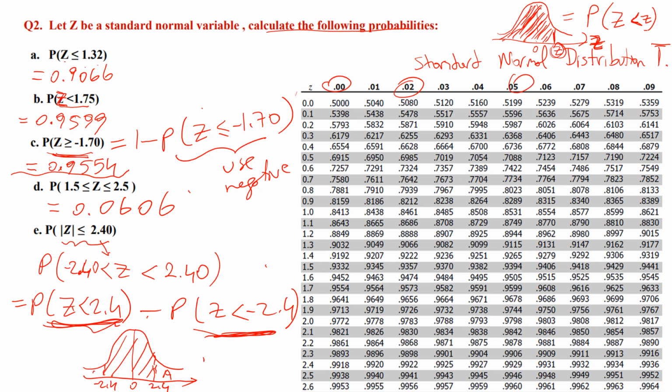Because these areas are the same here. There are two ways. We can say this is A, and then this area is 1 minus 2A, right? So what is this area? This area is clearly 1 minus the whole thing here.